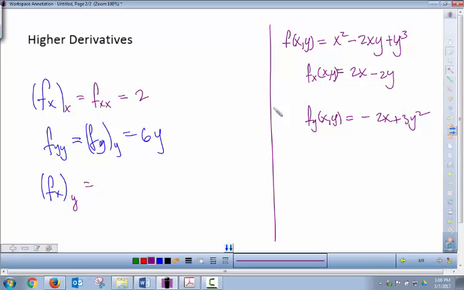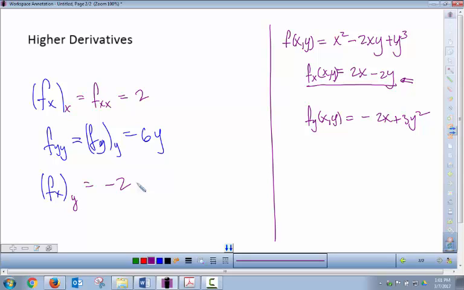Right? So what's the derivative of this with respect to y? Negative 2. And that's different from the other two derivatives that we found.